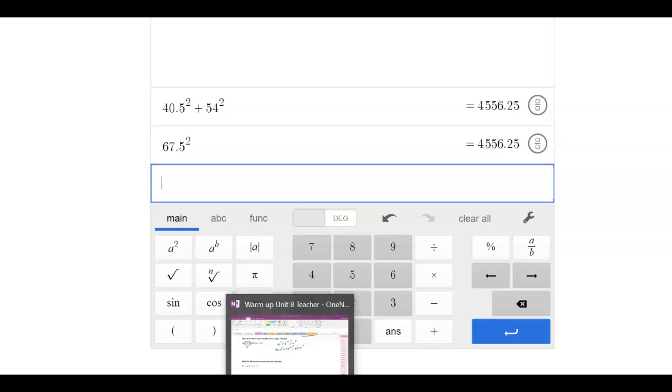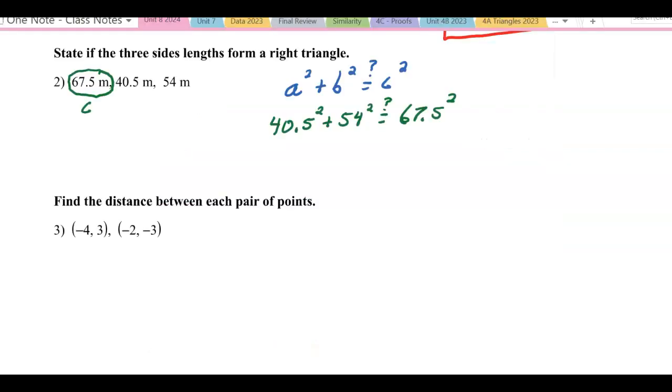So going back to the worksheet here, the left side is 4,556.25. 67.5 squared was 4556.25. Since these are equal, this is a right triangle.